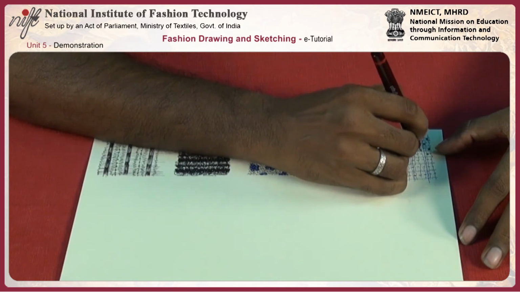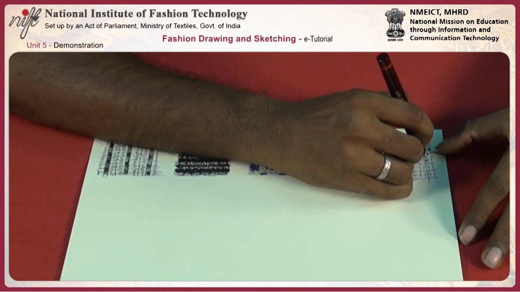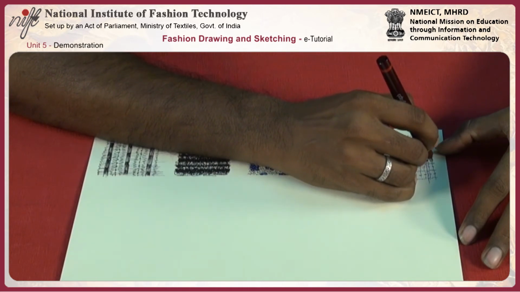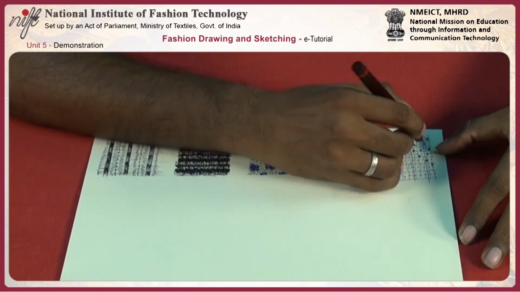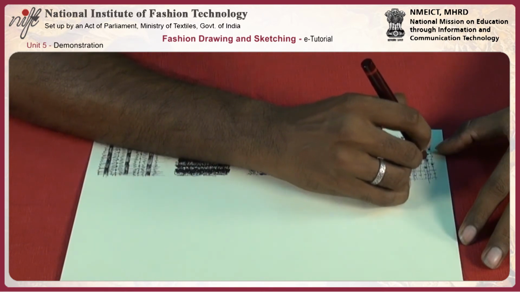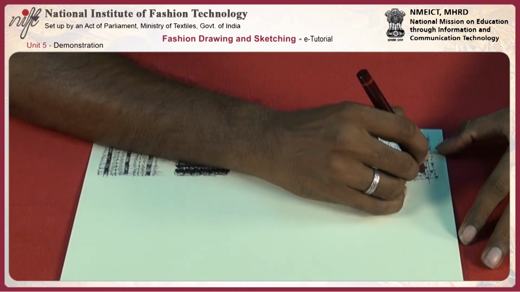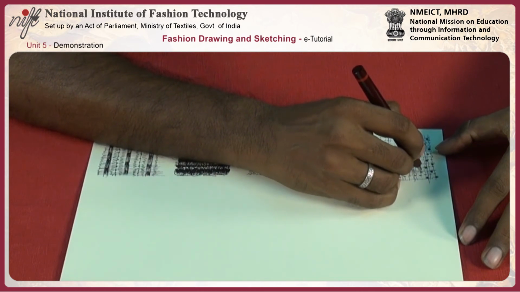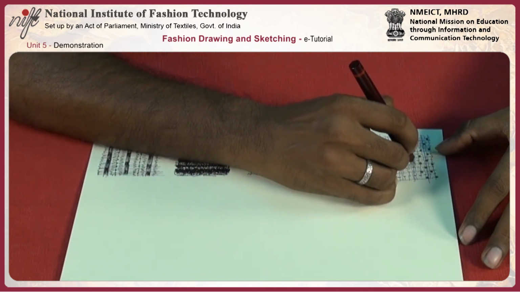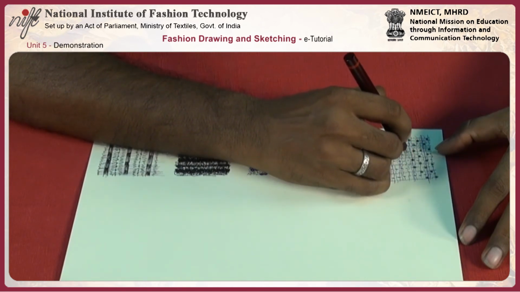Now note here that I am using rapidograph pen to introduce black dots in this rendering. Watch carefully the movement of the tip of the pen to make the small dots required.